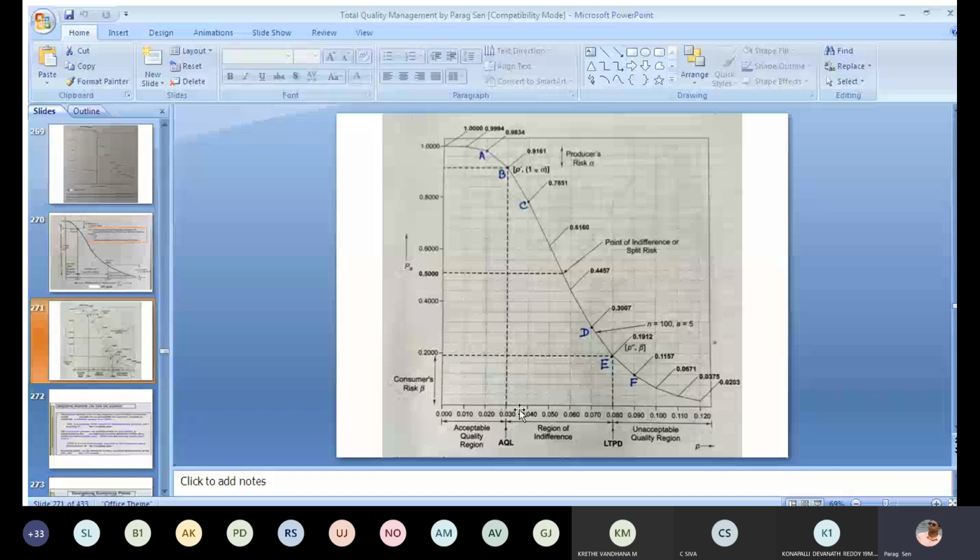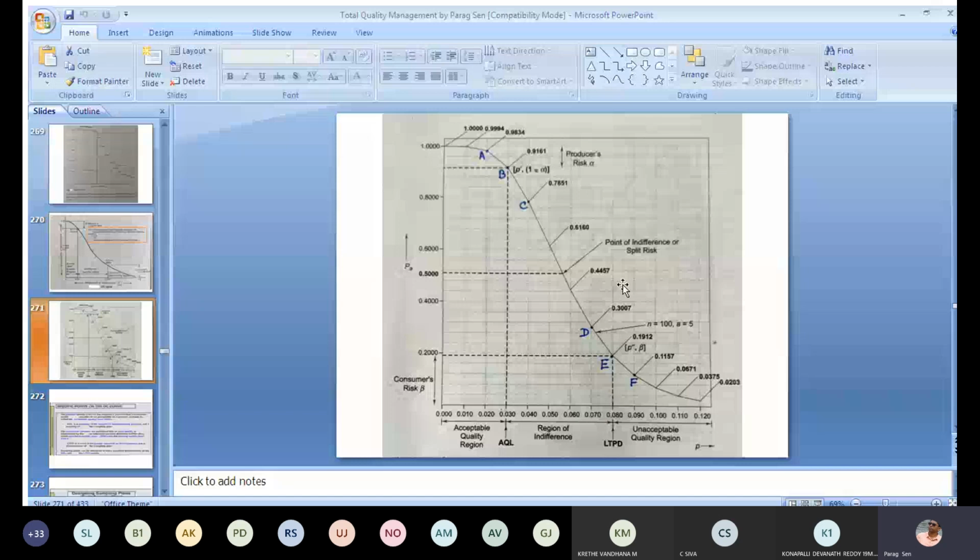Then the answer is, this is the point C. The coordinate along the y value of C is 0.7851. So if you subtract it, 1 minus 0.7851, you will get the value of the producer's risk. In this way, you need to calculate producer's risk.